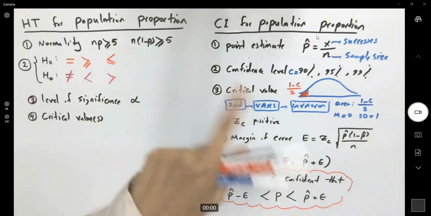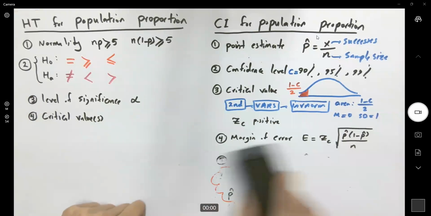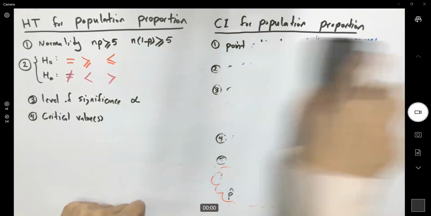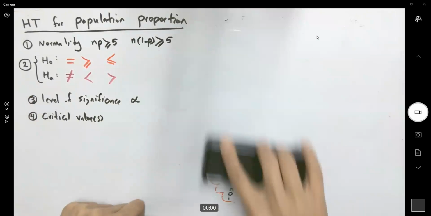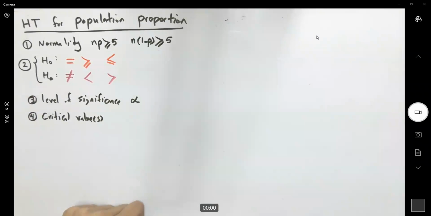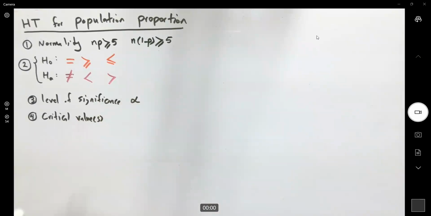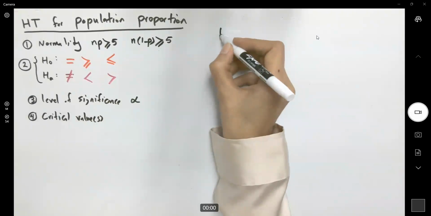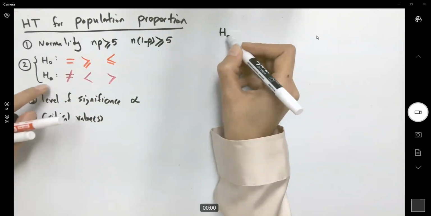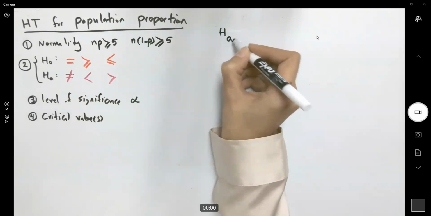So I'm going to erase this part of the board and write it down for you here. For critical values, guys, it's important: I'm not working with the null, I'm working with the alternative hypothesis.